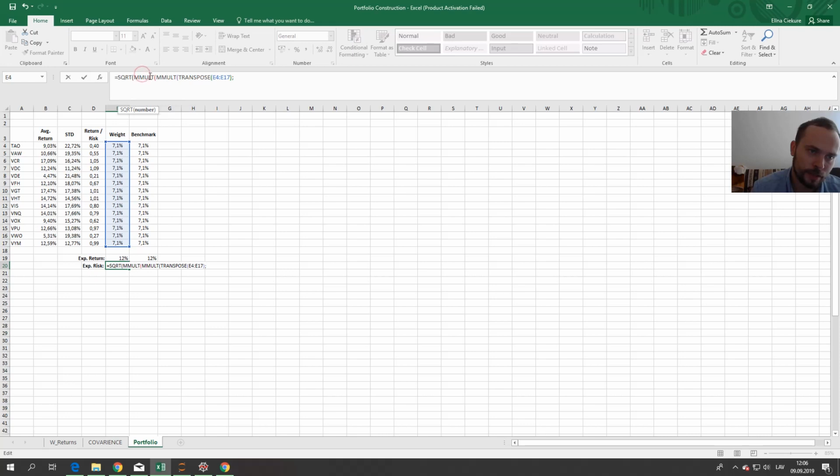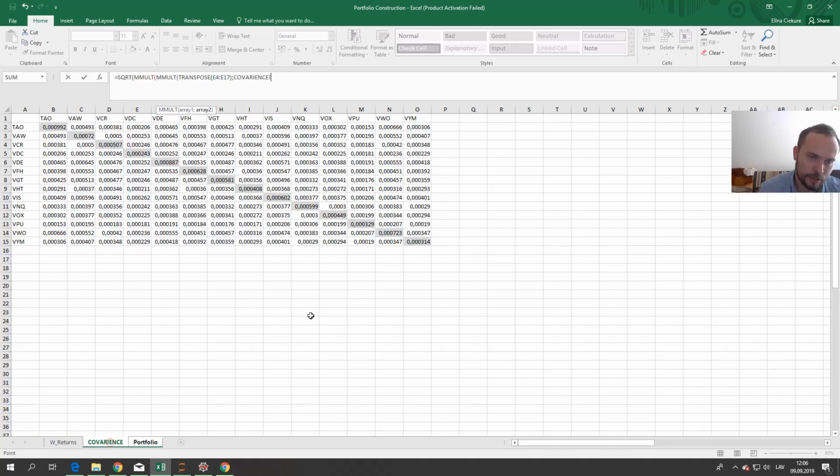This is a vector, a range, a single column, and then our covariance, this is a matrix. We will lock it in with F4, close the first parentheses for the first multiplication, and now the second multiplication, where we get a vector from this.